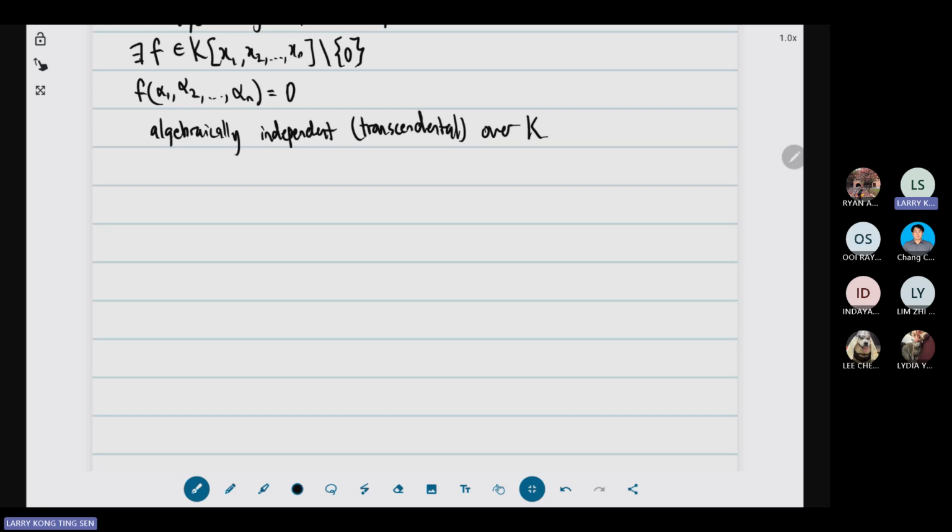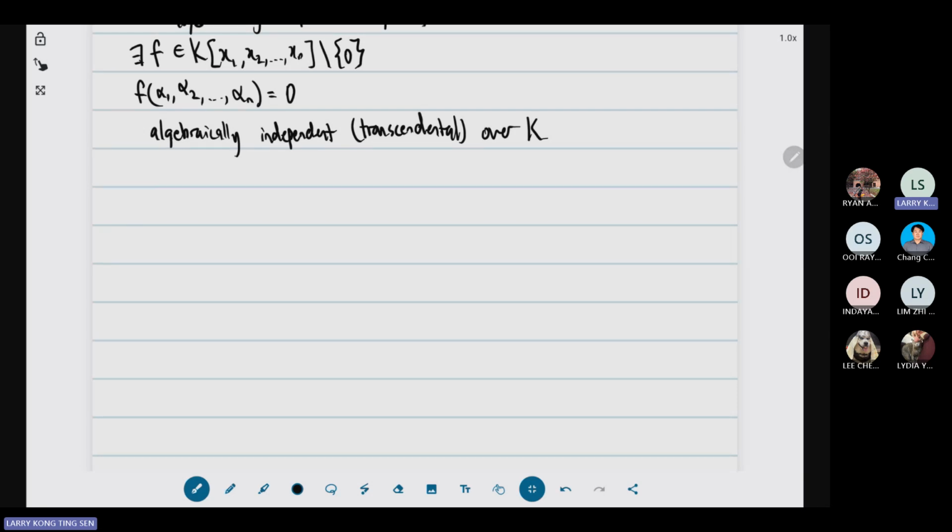So for some examples, you might have heard of the term transcendental numbers. These are basically numbers that cannot be written as the root of some polynomial. For example, e and pi are among them.